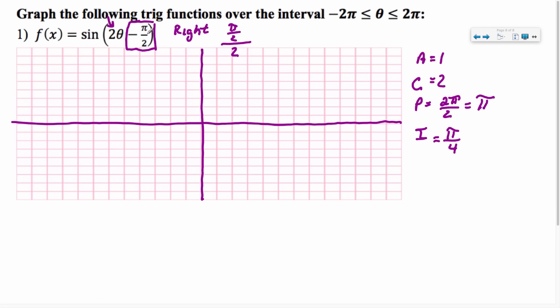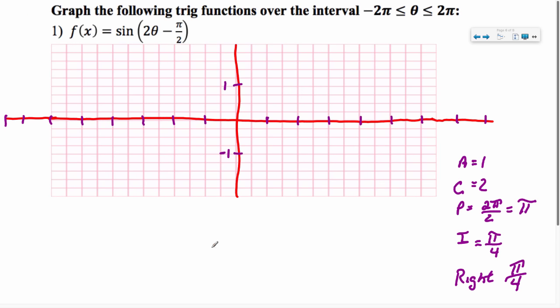It's going to be c over b. So it's going to be pi over 2 divided by 2. Now what does that equal? Pi over 4. So when we're done, we're going to have to go to the right by pi over 4. And let's see what happens.